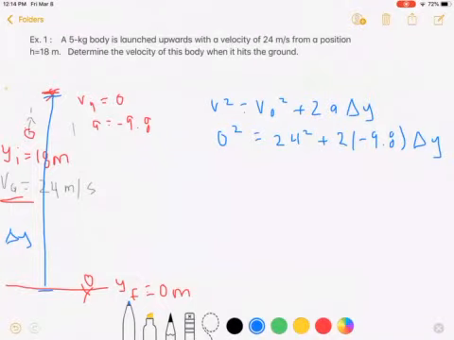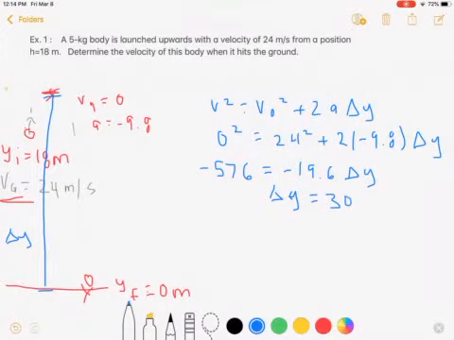I'll move that to the other side of the equal sign, so I have negative 576 equals negative 19.6 times delta y. Divide both sides by 19.6, and I get a delta y value of 30.3 meters.